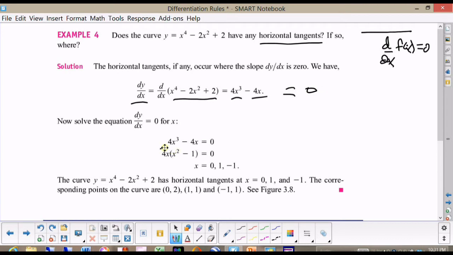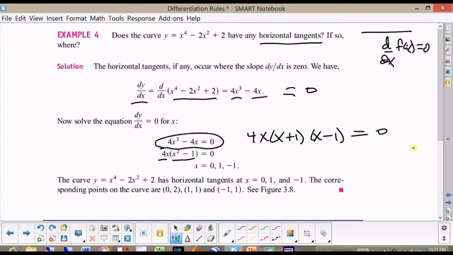Well, we have the equation 4x cubed minus 4x equals 0. Factoring 4x out, we get 4x times (x squared minus 1). And we can further factor it into (x plus 1)(x minus 1) equals 0 if you want to, or just by inspection see that the zeros are going to be 0, 1, and minus 1. So we believe that this function has horizontal tangents at x equals 0, x equals 1, and x equals minus 1.